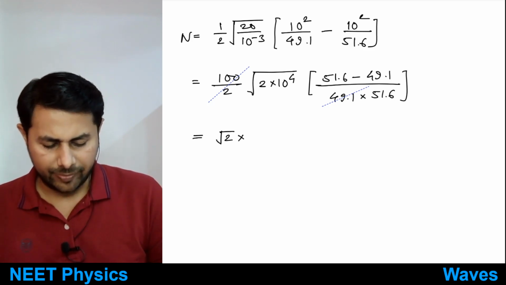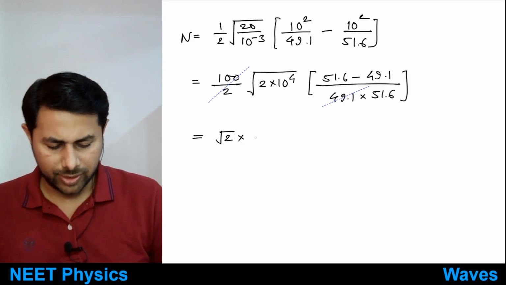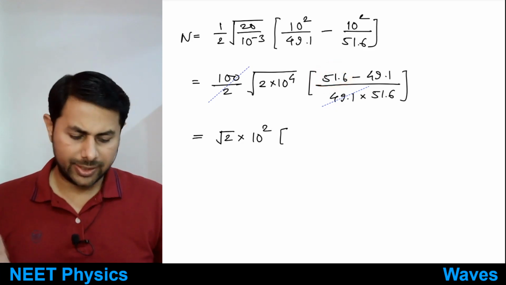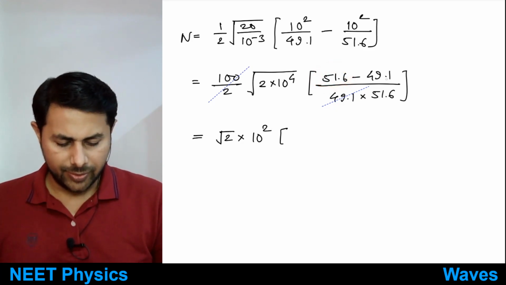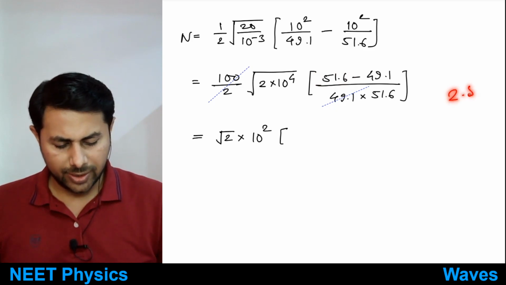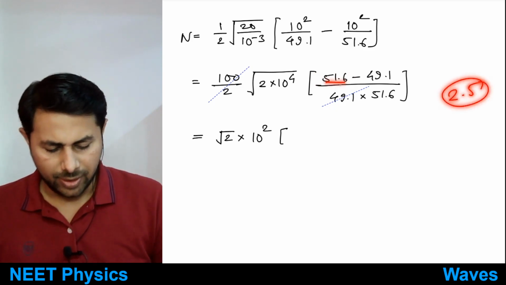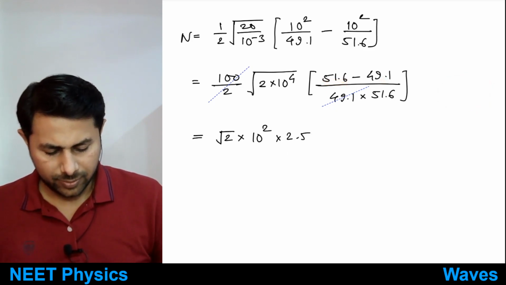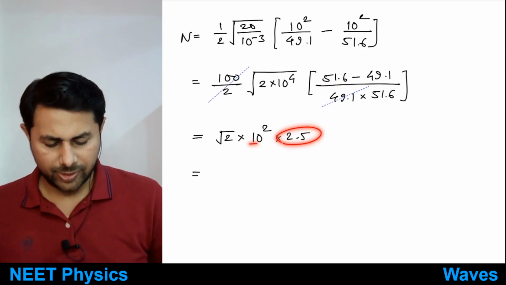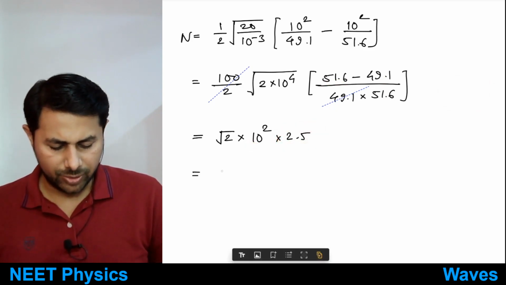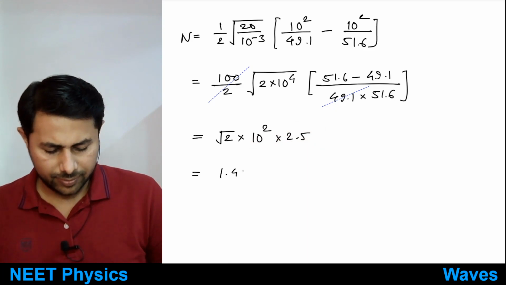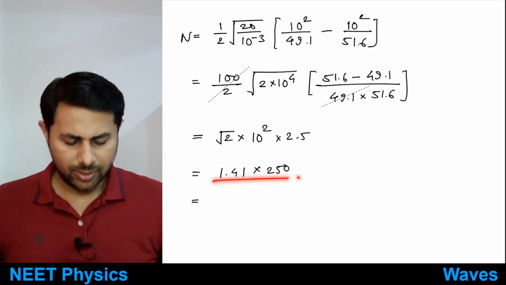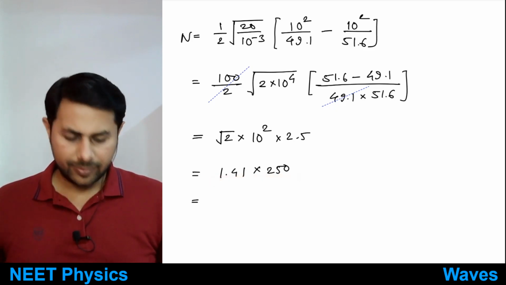Root 2 multiplied by the square root of 10 raised to 4, so it is 10 raised to 2, multiplied by 51.6 minus 49.1, which is 2.5. So 2.5 times 100 is 250, 250 root 2. So 1.41 multiplied by 250. What's the answer? 250 times 1.41.